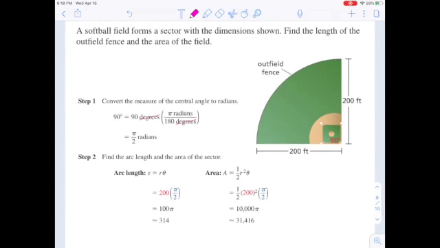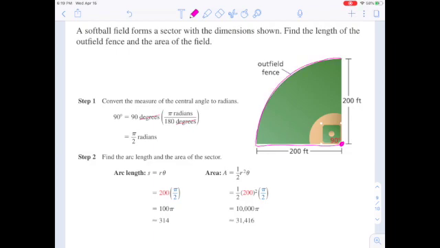One example is, of course, our softball field. Our softball field is actually a sector out of a circle, and think of this as the center of your circle. It's got a radius of 200 feet in all directions, and at home plate you've got a 90-degree angle, and we want to find the length of the outfield fence and the area of the field.